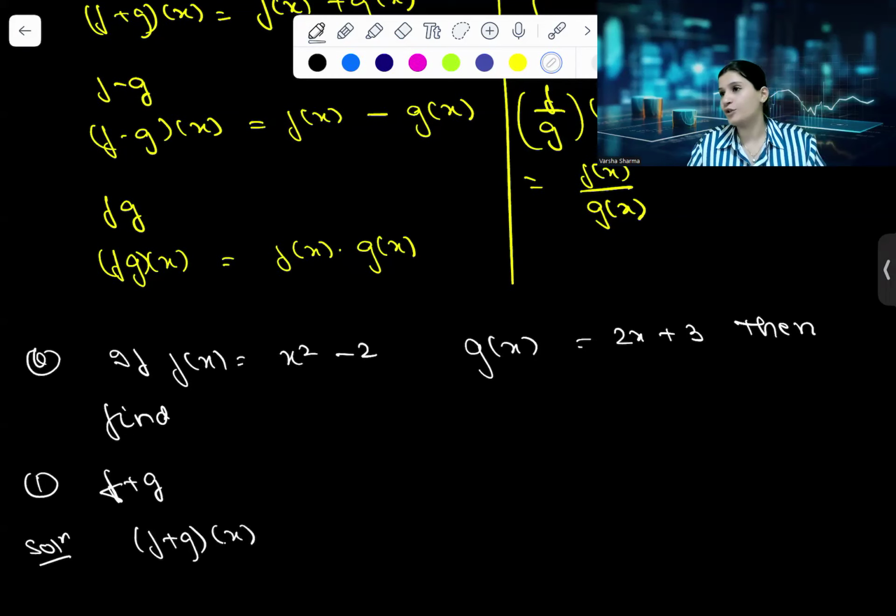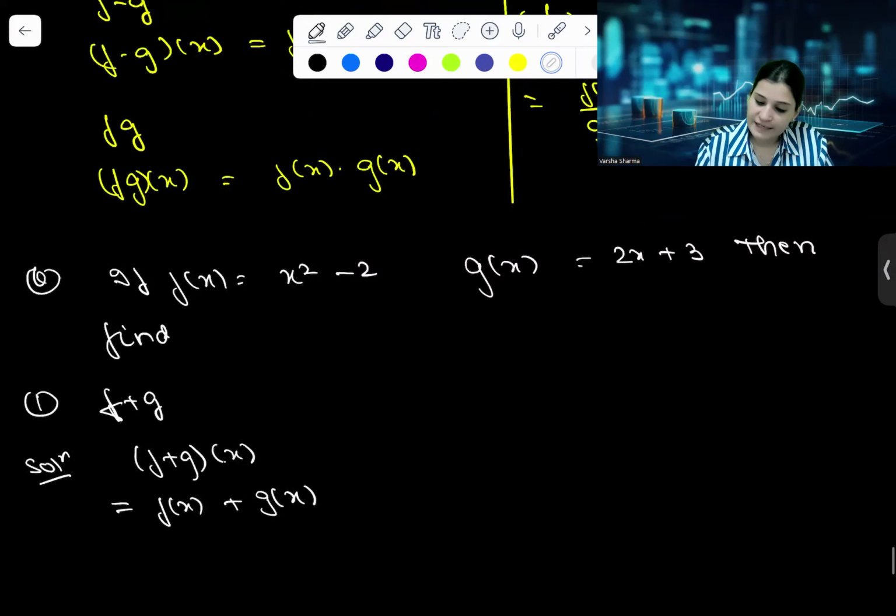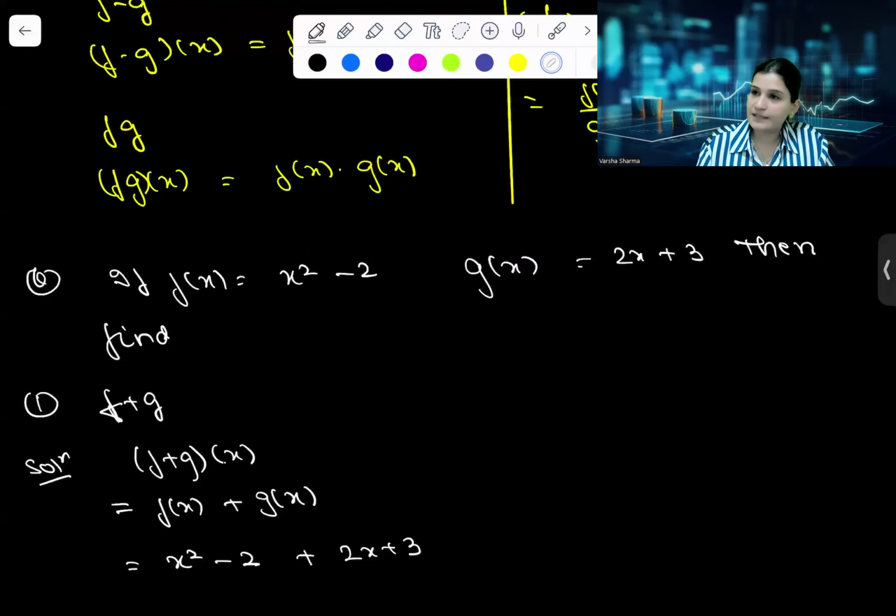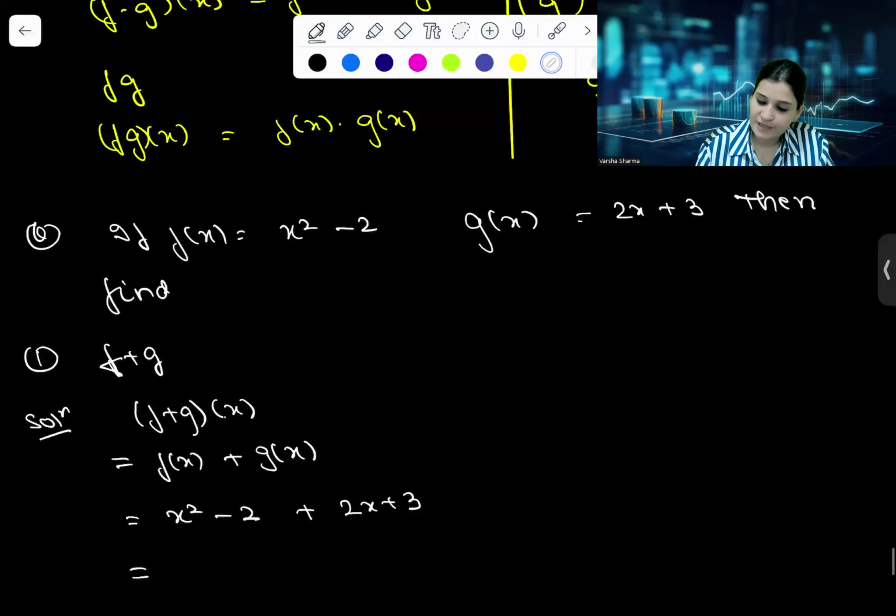You have to write x on your own. So this can be written as fx plus gx. Now what is f of x? x square minus 2. What is g of x? 2x plus 3. So this would be x square plus 2x plus 1.